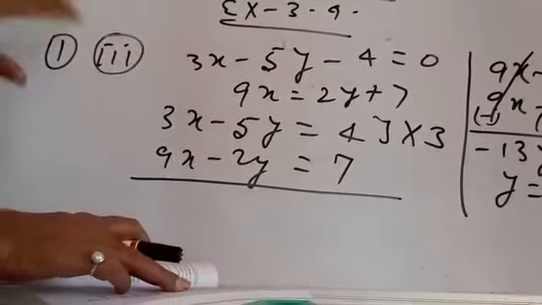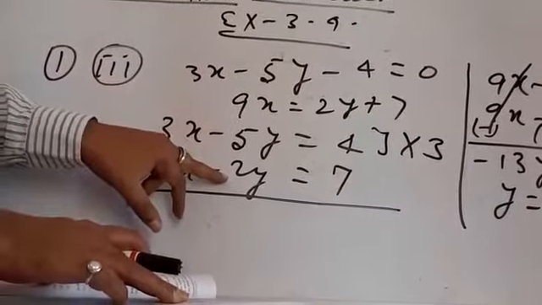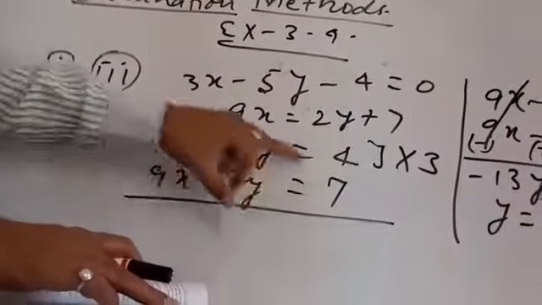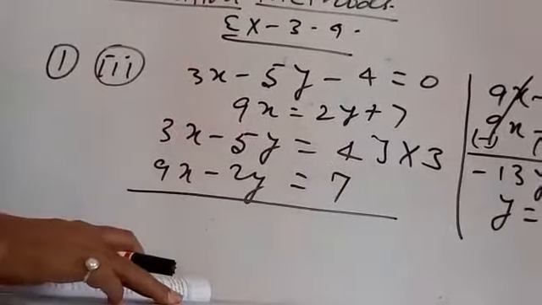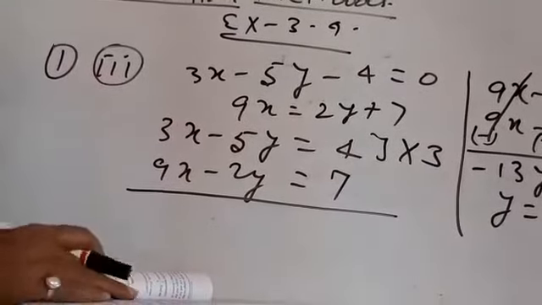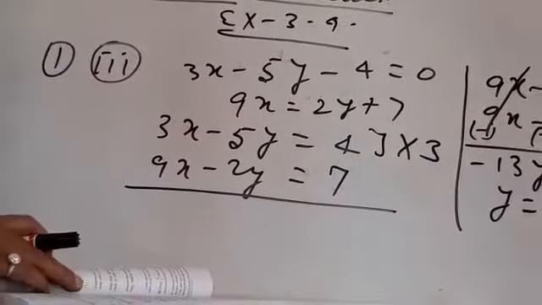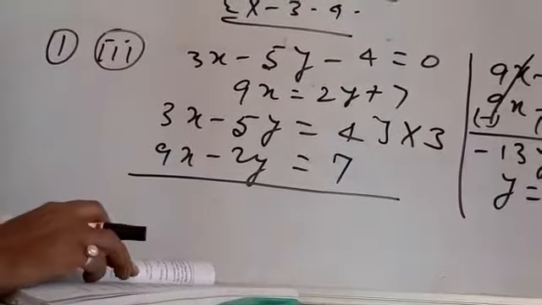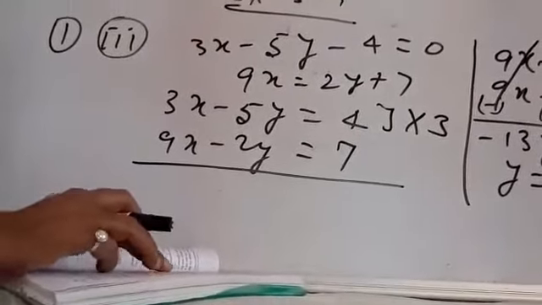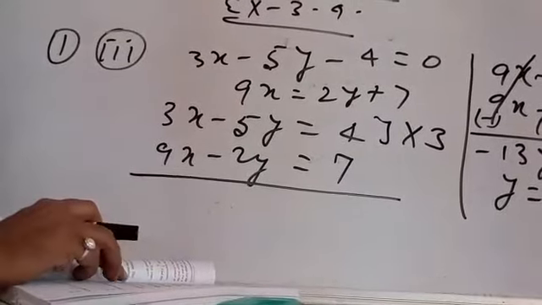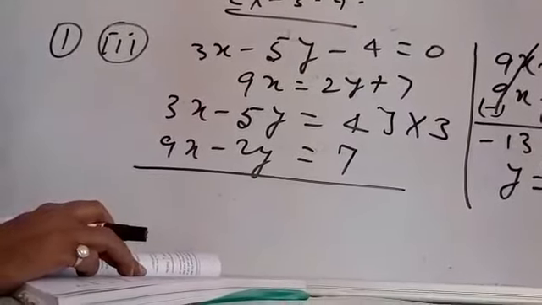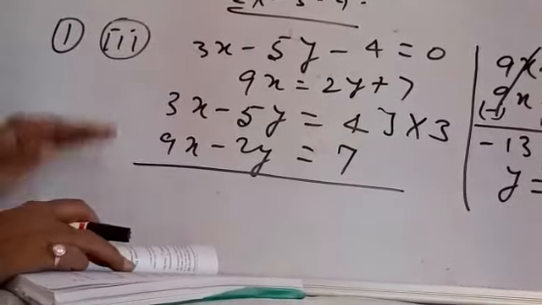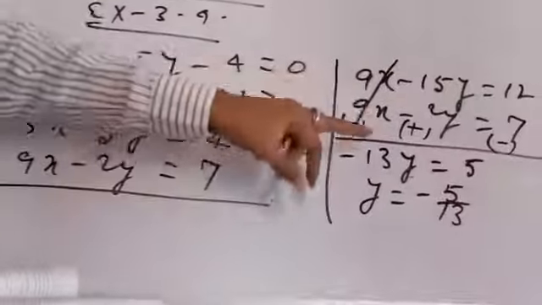Like if we want to eliminate y, multiply this whole equation by 2 and this whole equation by 5. By doing this you could eliminate either x or y. So the first step is to multiply both equations by a suitable non-zero constant to make the coefficient of one variable, either x or y, numerically equal. Then add or subtract. Here we have subtracted.